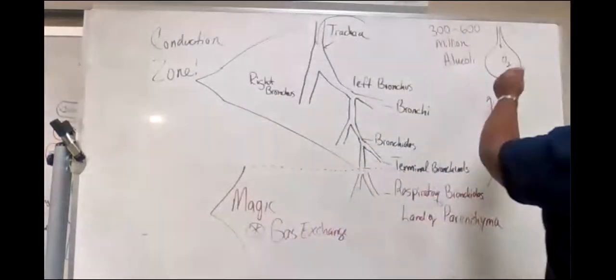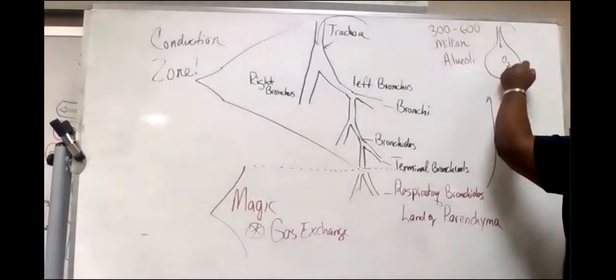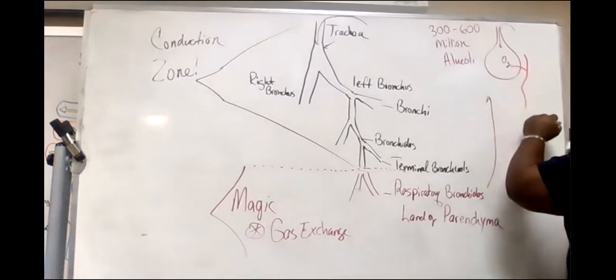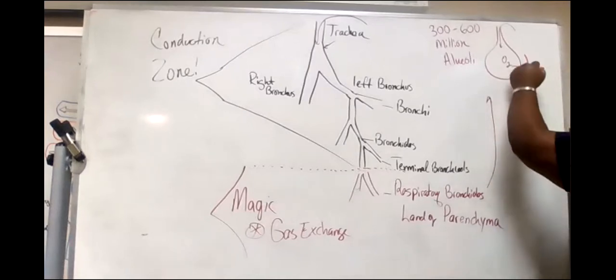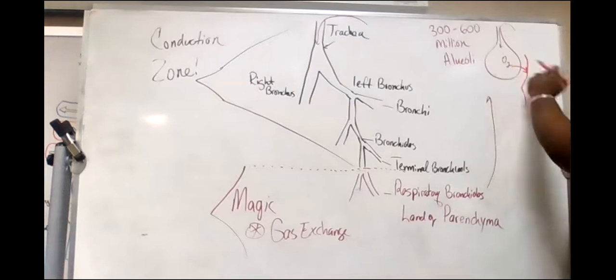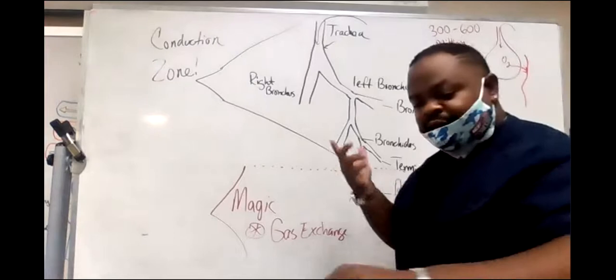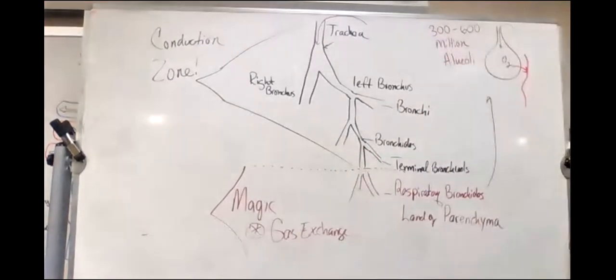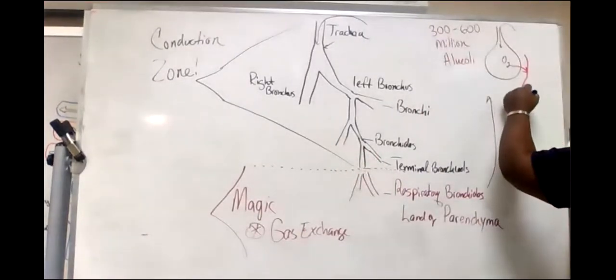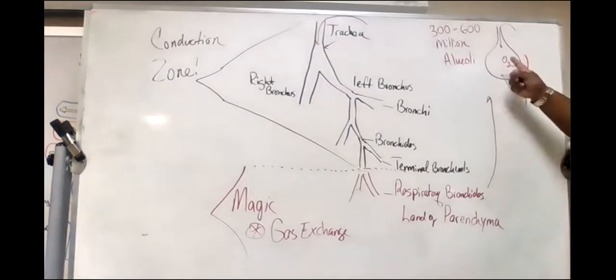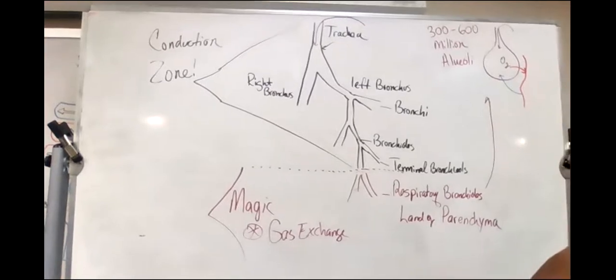The alveoli will give oxygen to the capillary, right? And the capillary will give what to the alveoli? If the alveoli is going to give good, strong oxygen to the capillary?